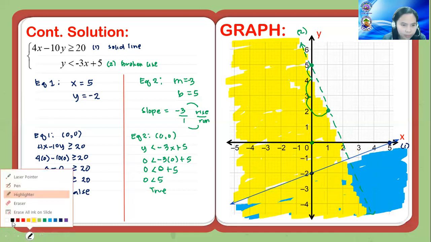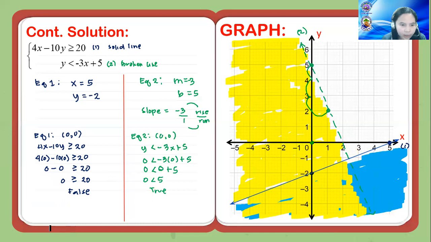Let us check one by one. As we can see here, there is no shaded part in this area. So this is not the solution. How about in this area? In this area, we only have a yellow region. And for this area, we only have the blue region. So this is not the solution set.